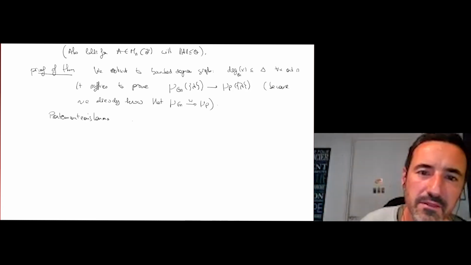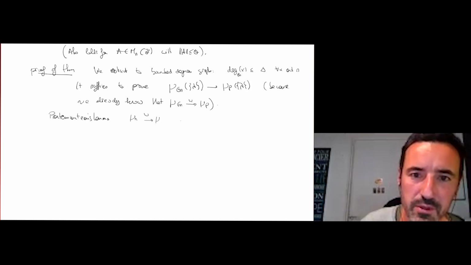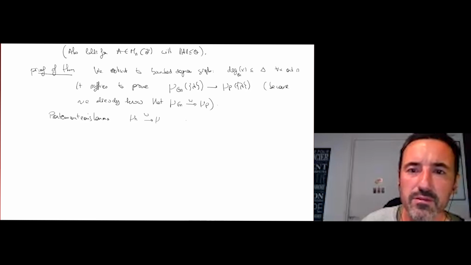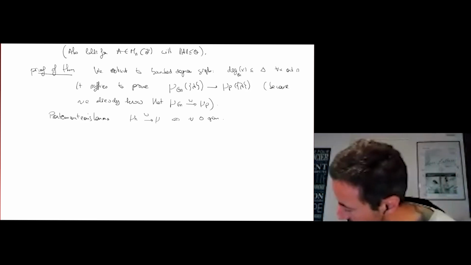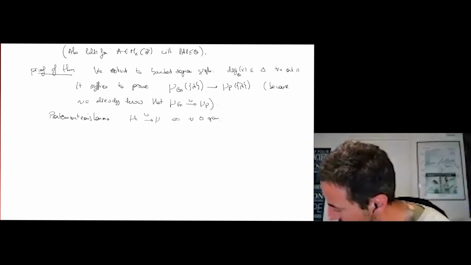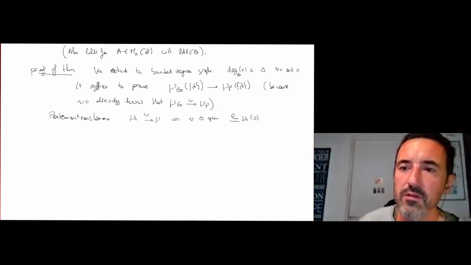What this portmanteau lemma is saying is that a sequence of measures converges weakly, which is equivalent to saying that for any open set O, the lim inf of mu_n of O is at least mu of O. I always confuse these.